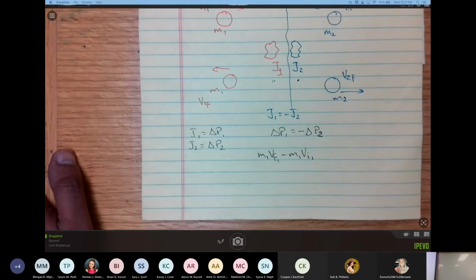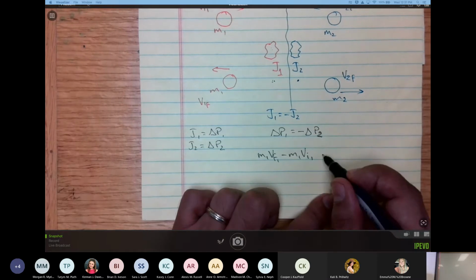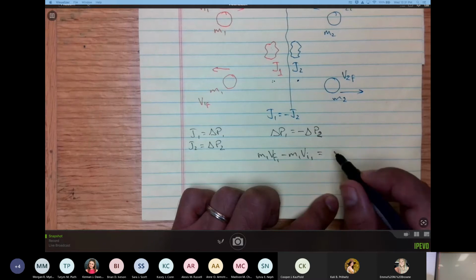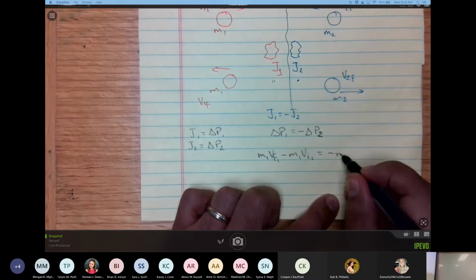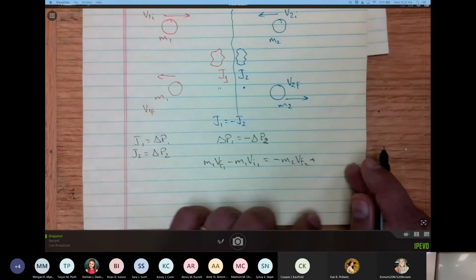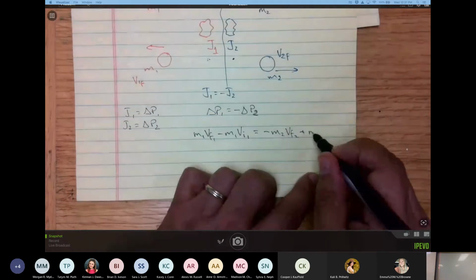And for the second momentum, I'm going to have the negative of everything: negative m2 vf2 plus m2 vi2.